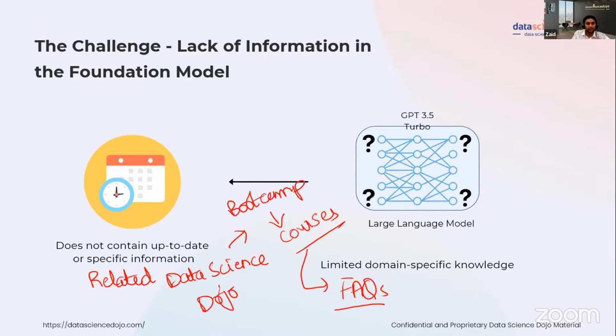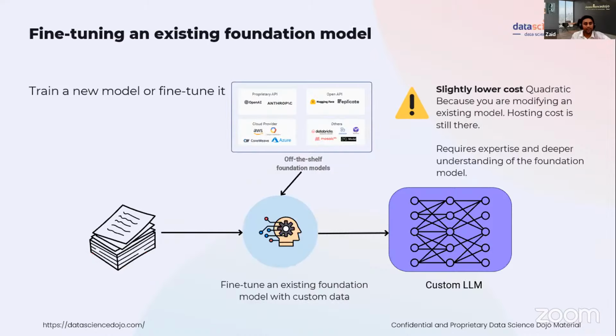The use case here is that we can fine-tune an existing foundation model and train it on our own data set. Let's suppose these are the FAQs of my own company.